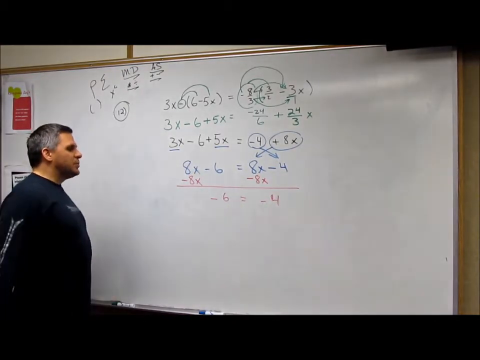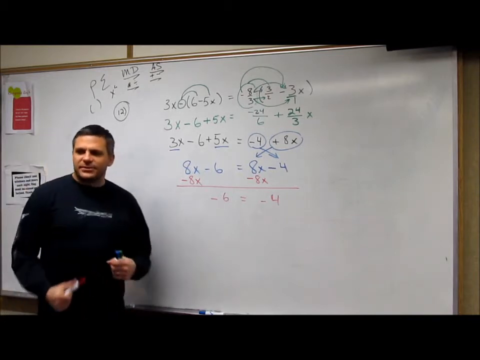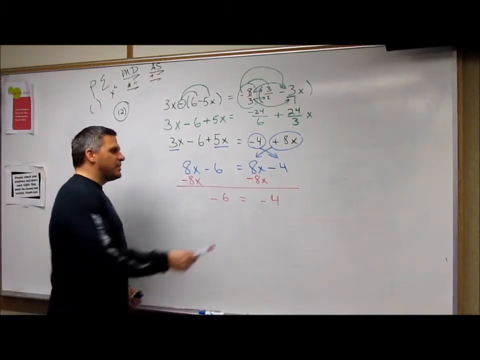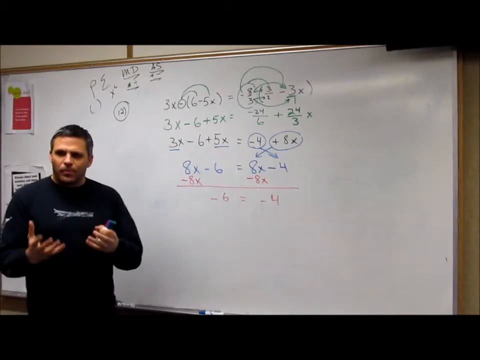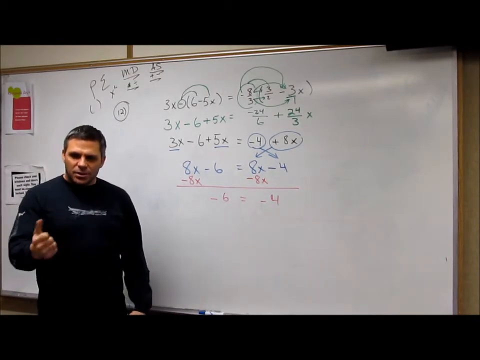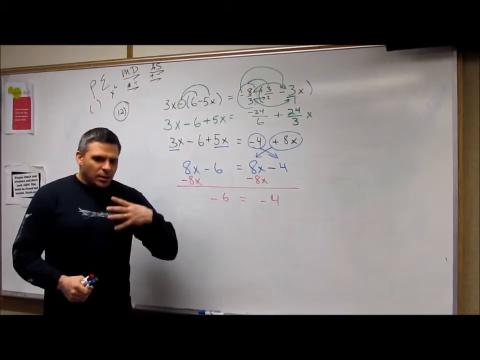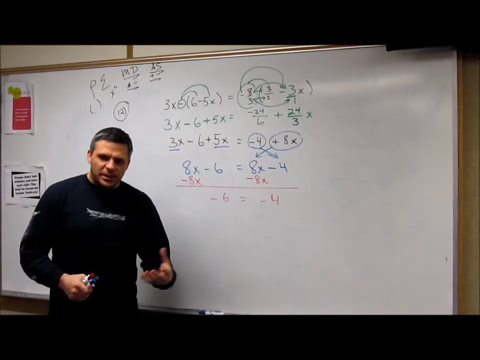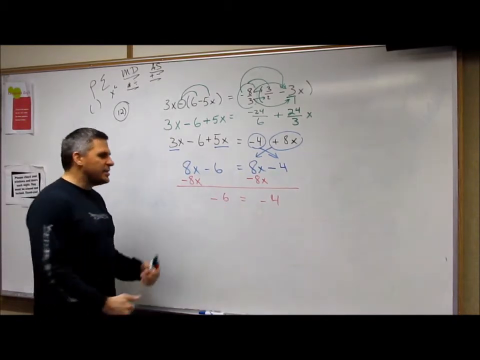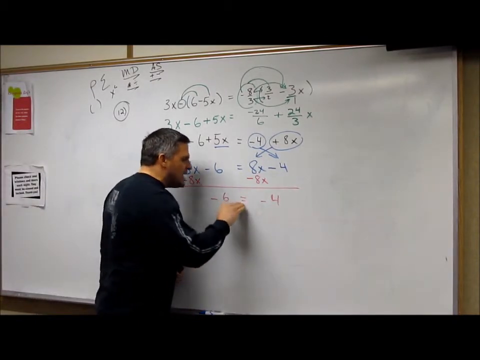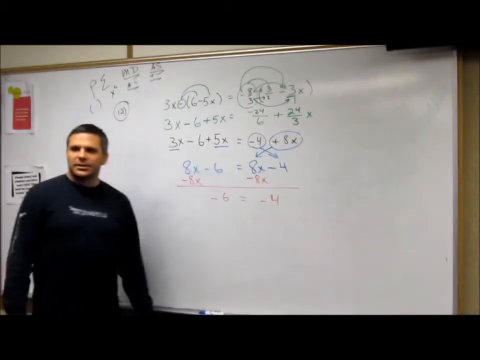Now this is where I have to ask myself something. I just lost my x's. So my x's are gone. So there's two possible solutions: no solution or infinite, or all real numbers. And when I look at this, I ask myself a simple question. Does negative 6 equal negative 4?